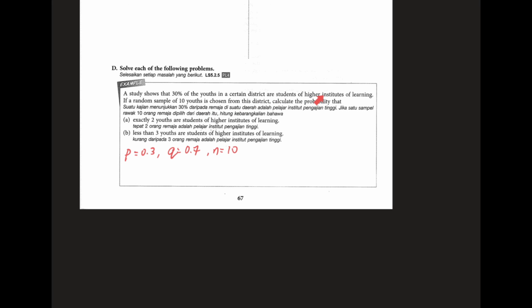You know the formula just now, P(X = r) equals nCr p^r q^(n-r). So this is the formula. P(X = 2) because they say 2 youths. So n is 10, C 2, 0.3 power 2, 0.7 power n minus r, 10 minus 2.